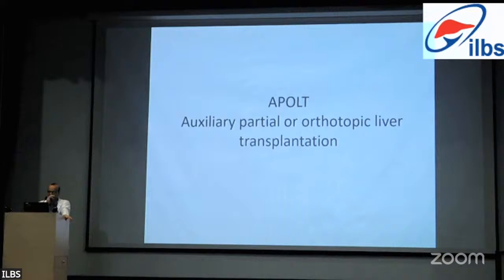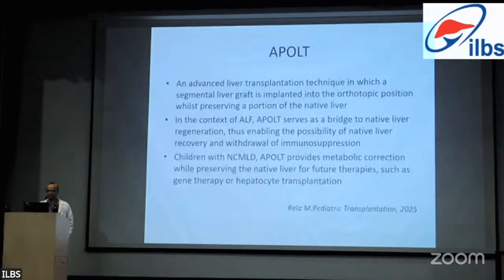Coming to the interesting part, a type of transplant, that is auxiliary partial orthotopic liver transplantation. In this, a part of the liver, usually a left hepatectomy, is performed in the recipient, and a left-sided graft is implanted in the same area. It's an advanced LT technique in which a segmental or sectoral graft is implanted into the orthotopic position while preserving a portion of the native liver.